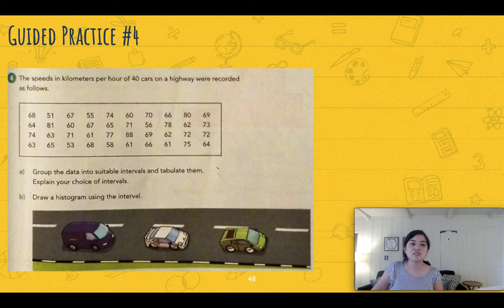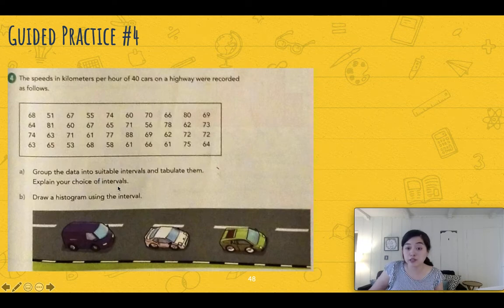Okay. Now this example actually uses kilometers instead of miles. So just realize that in the U.S. we don't use kilometers, we use miles. But here are the speeds of 40 cars on a highway that were recorded over here. And we're going to group the data into suitable intervals and tabulate them.